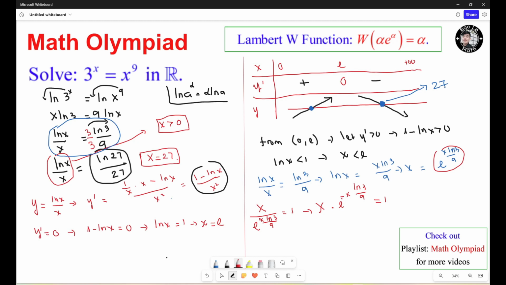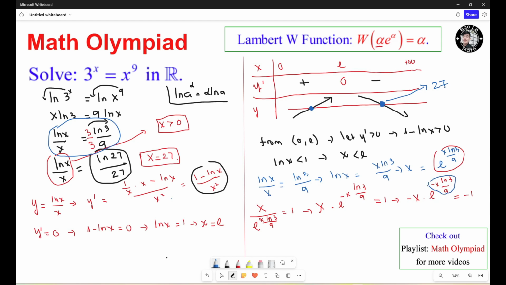Alright, so we see that we have negative s, but if we have s right here, this one must be negative s too. So we multiply both sides by negative 1. So it turns out to be negative s times e to the negative s natural log of 3 over 9 equals negative 1.